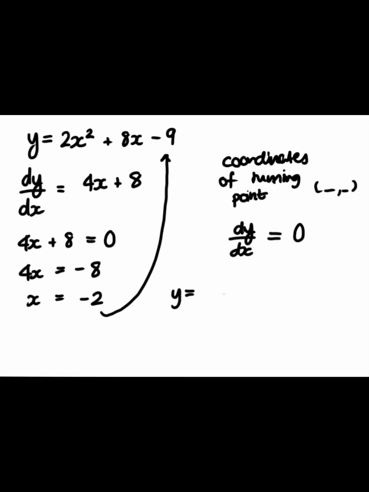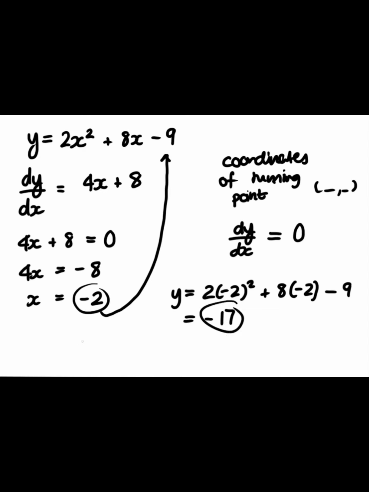So y equals 2 times minus 2 squared plus 8 times minus 2 minus 9. And that should give you minus 17. So we know the x, we know y. Therefore, the coordinate must be (minus 2, minus 17).